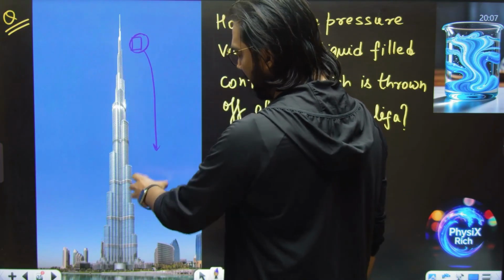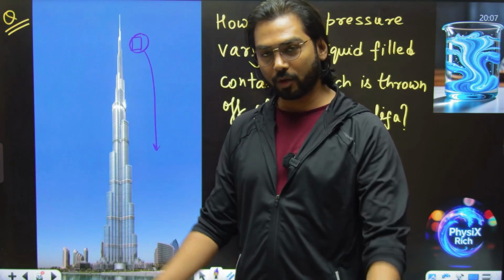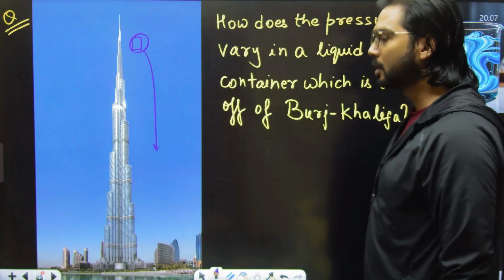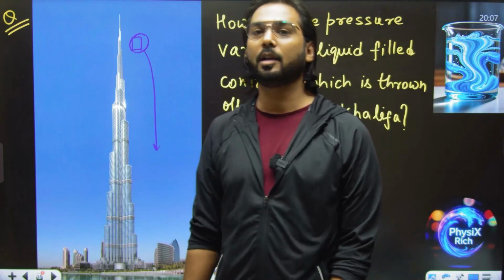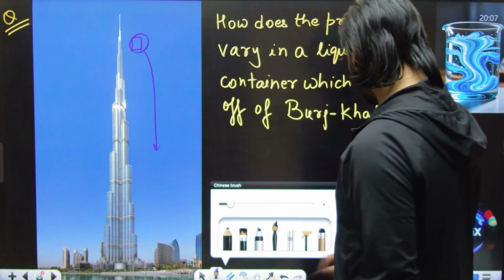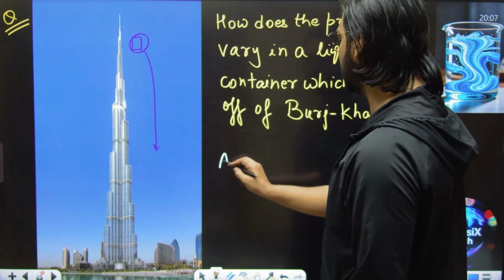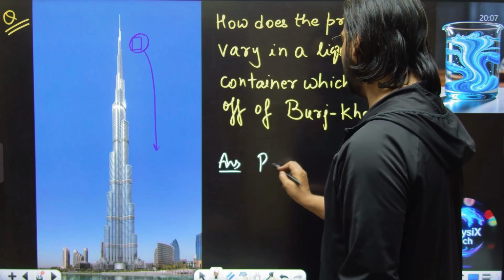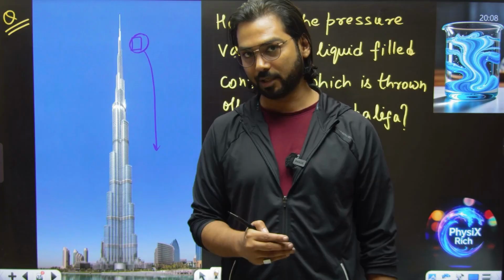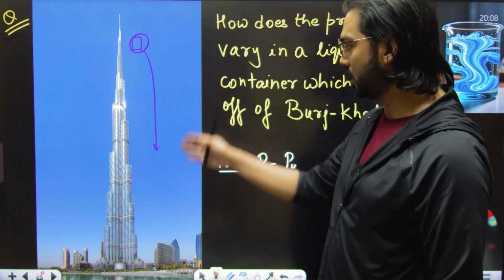While it is in the air, what do you think is the pressure in this falling container? The pressure is not going to vary at all. It's going to be P naught, the atmospheric pressure, everywhere.